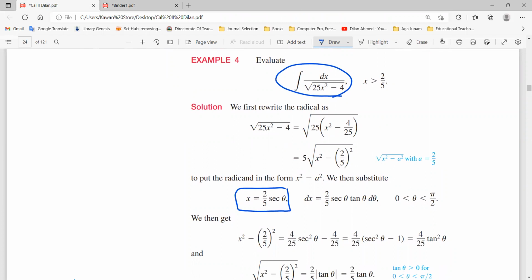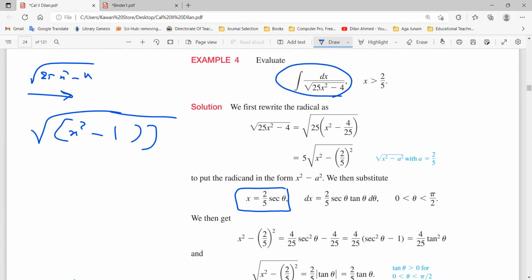So how do we get a? I should change 25 x squared minus 4 to the form x squared minus something squared. So I'm going to take 25 as a common factor, and I'll get 4 over 25. So a will be what? We say x is equal to 2 over 5 secant of theta. You got it or not?